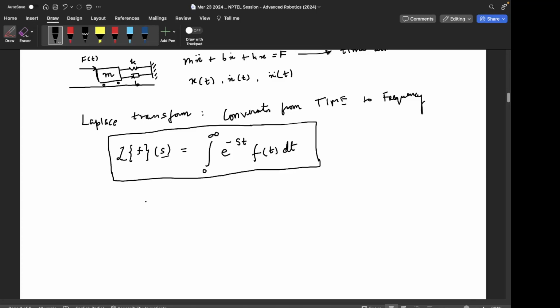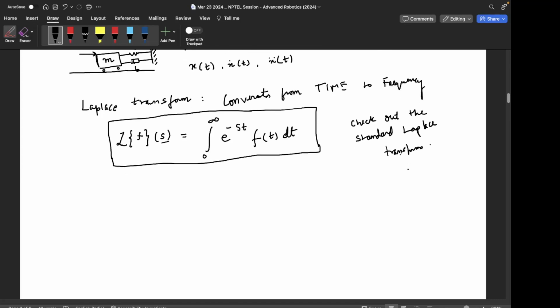There is a table of common functions and their Laplace transforms. You can check it out, so you need not evaluate this integral every time you encounter a certain function.